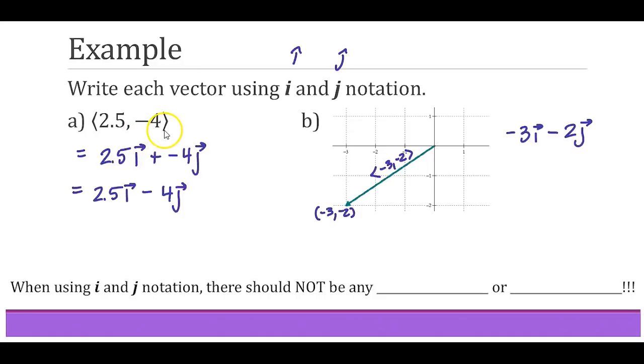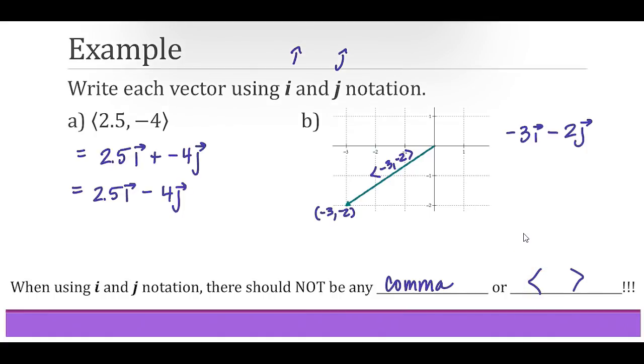It seems easy and straightforward right now, but students get really confused and mix up ij notation with angle bracket notation. My warning here is that when using i and j notation, there should not be any comma and there shouldn't be any angle brackets.